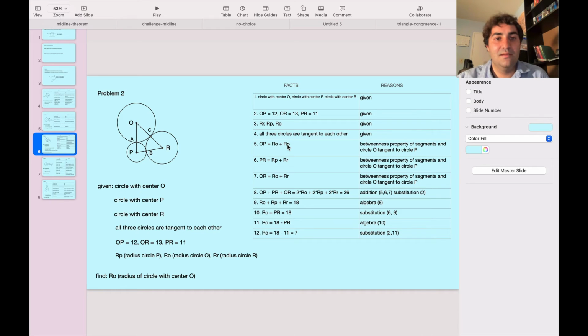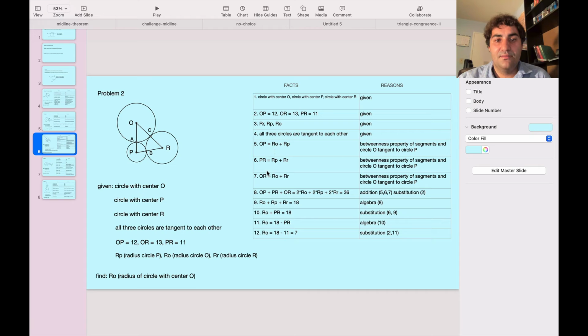Because remember, a radius can be a segment, but can also be a measure, and here I'm using it as a measure. And in the same way, we get length of PR is equal to the length of radius P plus the length of radius R, right? And length of OR is equal to the length of radius O plus the length of radius R.